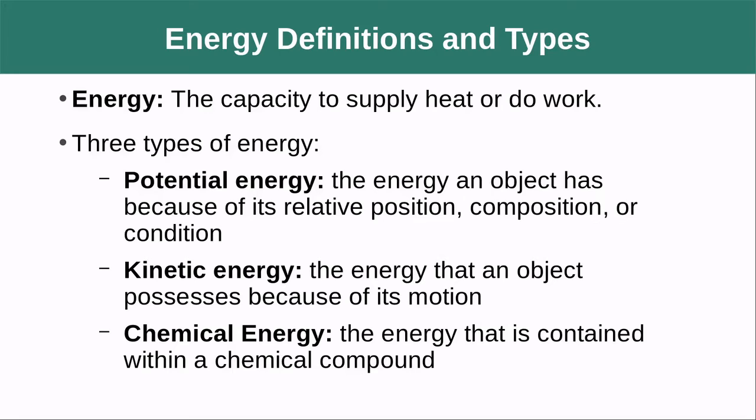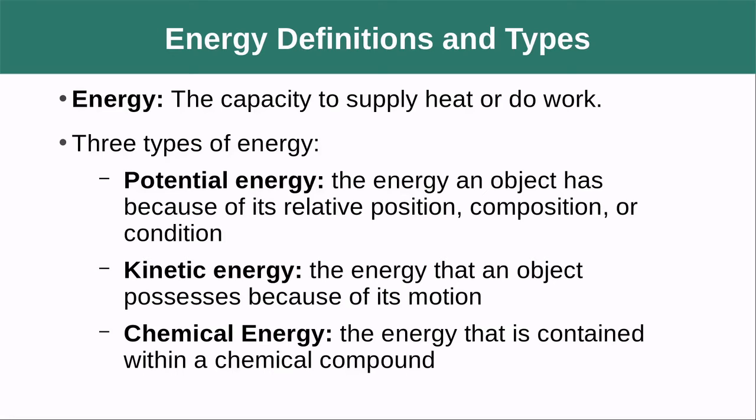There's the potential energy, the energy an object has because of its relative position, composition, or condition. So you can kind of think about potential energy as the energy that an object can potentially release. A bowling ball dropped from 3 feet is going to have a lot less energy than a bowling ball dropped from the top of a skyscraper, for instance.